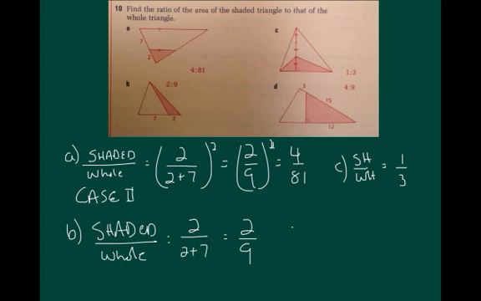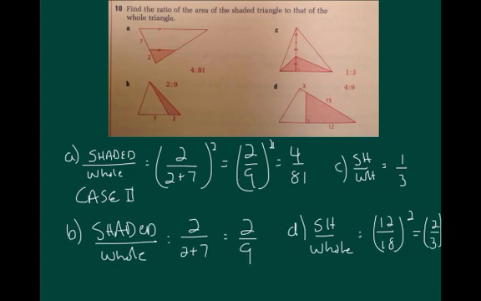Now, in letter D, I can see that the shaded triangle is similar to the whole triangle. So I'll compare the square of the corresponding sides, which is 12 to 18 squared, which you should reduce before squaring, so that you get 2 to 3 squared, which equals 4 to 9.